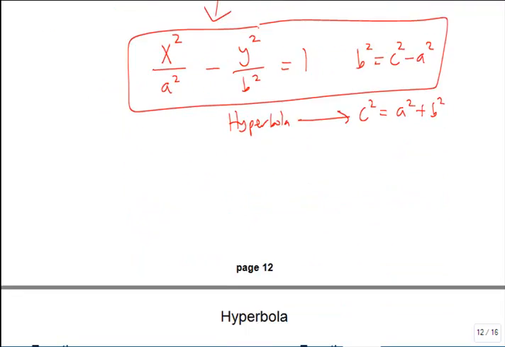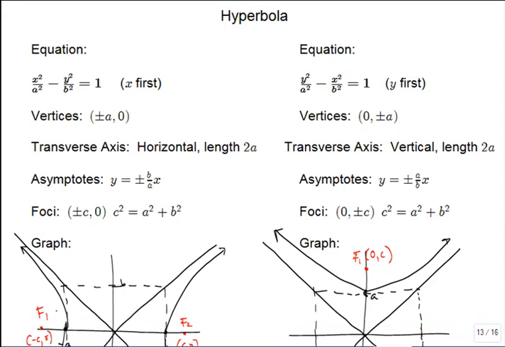So let's put this together into some important ideas. So here is what our two possible equations might look like. In the first case, if the x comes first, then you are going to have your two vertices be at plus a and minus a, whatever the square root of that number is underneath the x.